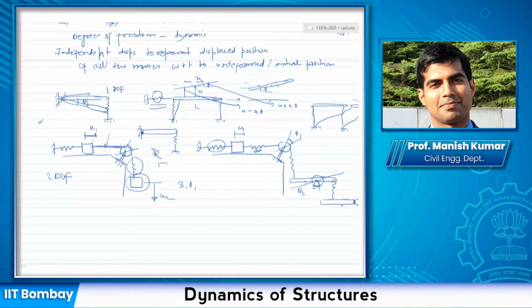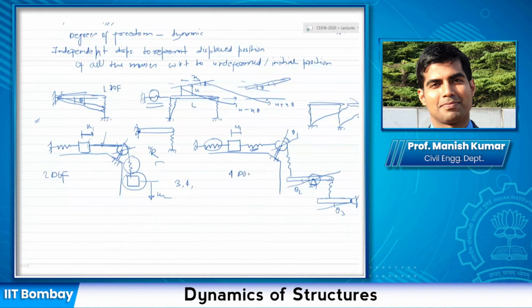Similarly, the case for the lower bar here, which is again connected to this one by another spring. So to represent this position, I need another degree of freedom, theta 3. So now I have 1 translational u1 and 3 rotational theta 1, theta 2, theta 3. So in total 4 degrees of freedom system.